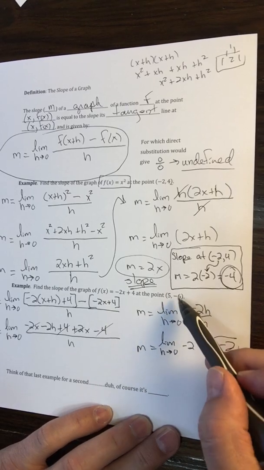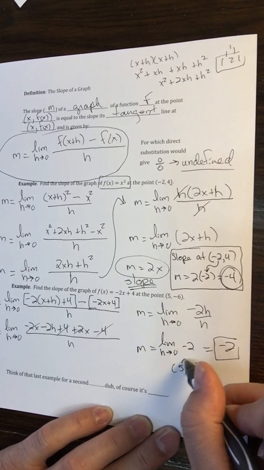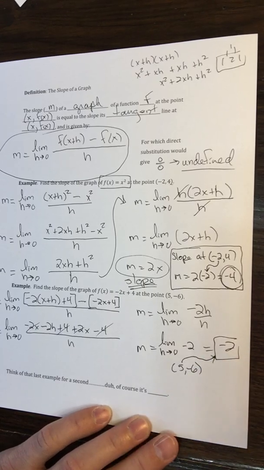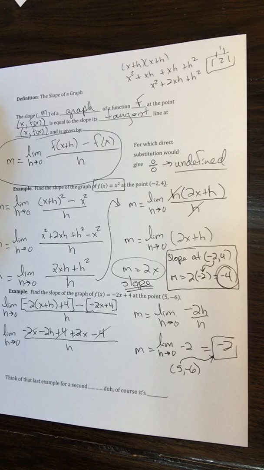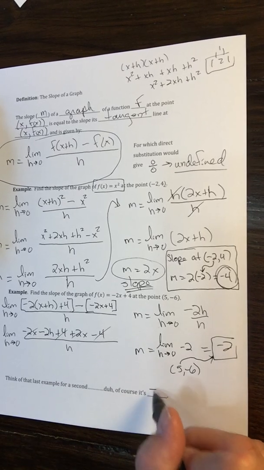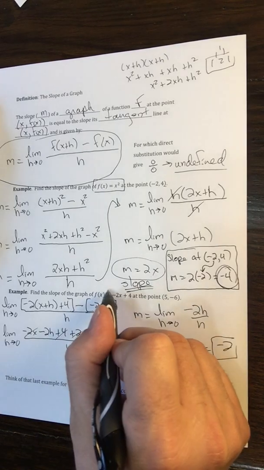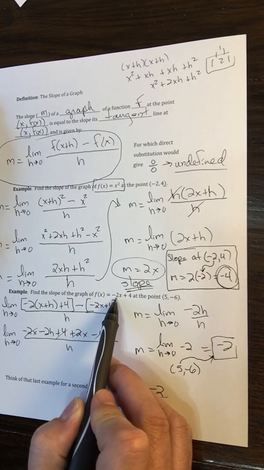It doesn't matter what point this is. I got the point 5, -6. I try to put 5 in. There's no place to put it in for x, so I get a slope of -2. That should make sense to us. Think of that last example for a second. Of course it's -2. The graph, you guys, is a line, and the line has a slope of -2.